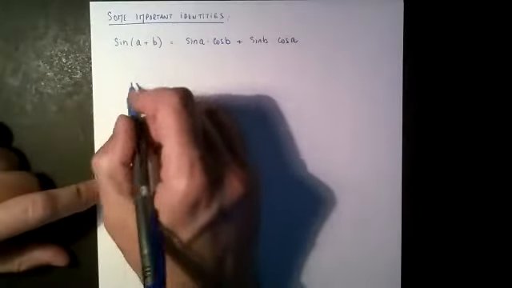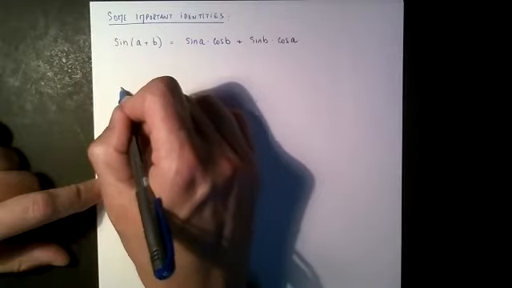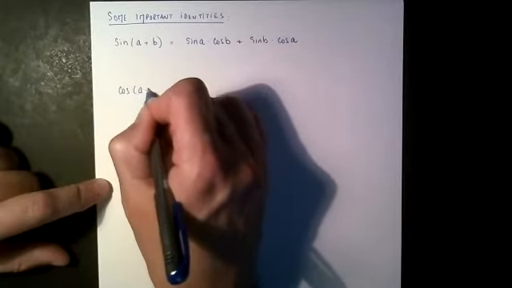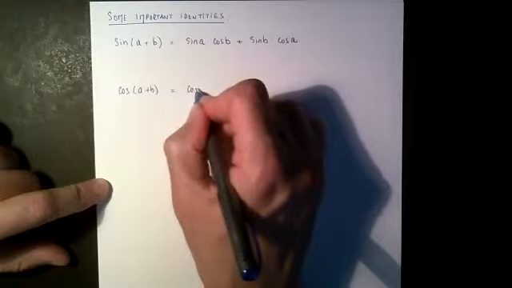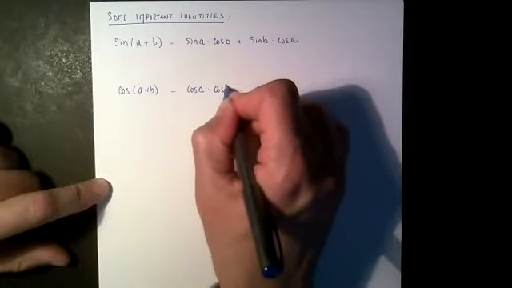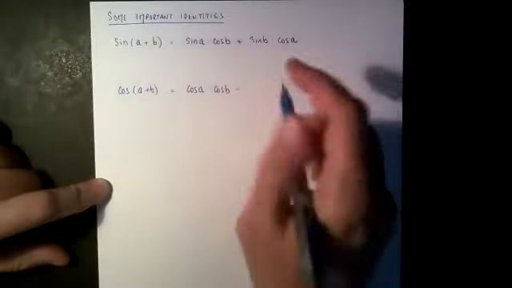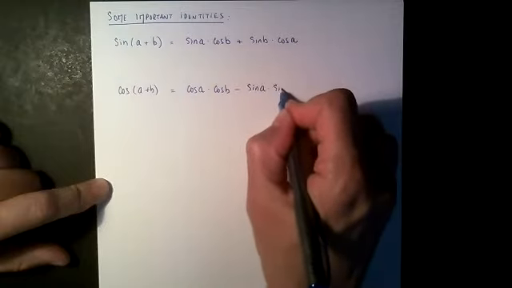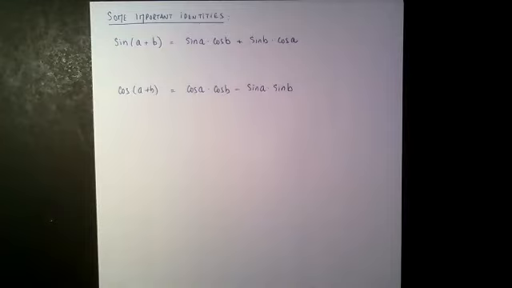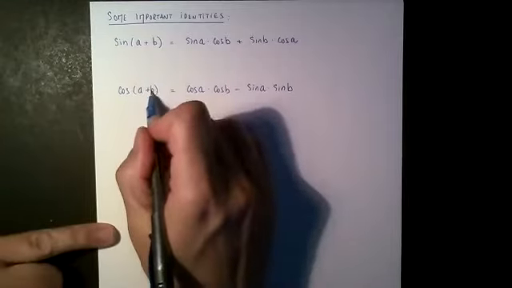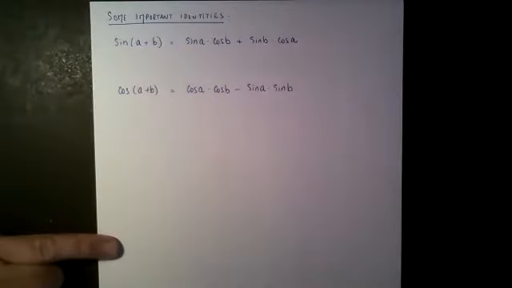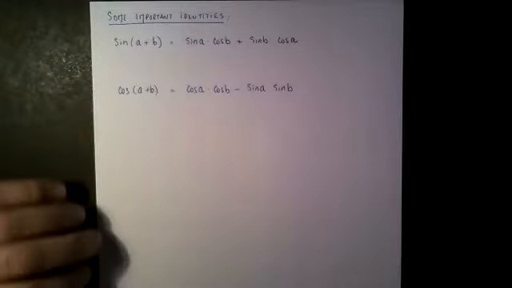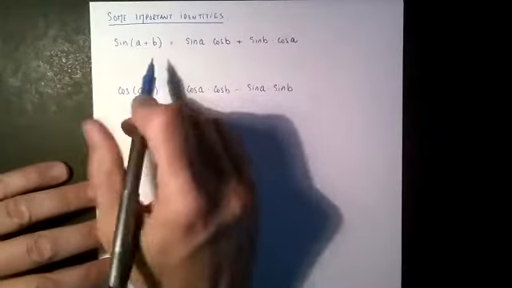Another one is if you have the cos of A plus B, this is equal to the cos of A times the cos of B minus sine of A sine of B. So you have to know these ones. I used to forget them always, but with time it stays. They're hard to remember, but you're going to see after Calculus 2, you'll never forget this.